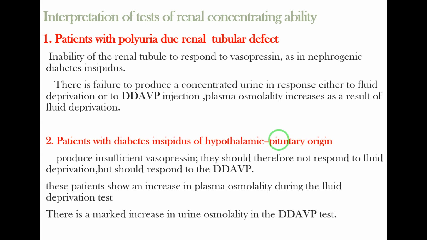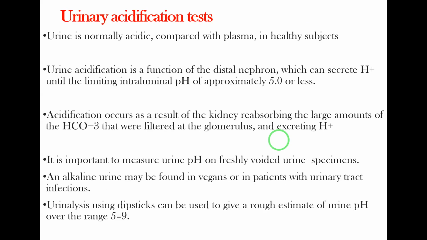While if the defect is due to a decrease in the production of the antidiuretic hormone due to a hypothalamic or pituitary defect, the fluid deprivation test also shows an increase in the plasma osmolality, and the urine osmolality doesn't increase. But if we give the synthetic vasopressin in the DDAVP test, the urine osmolality will increase in diabetes insipidus of hypothalamic and pituitary origin.